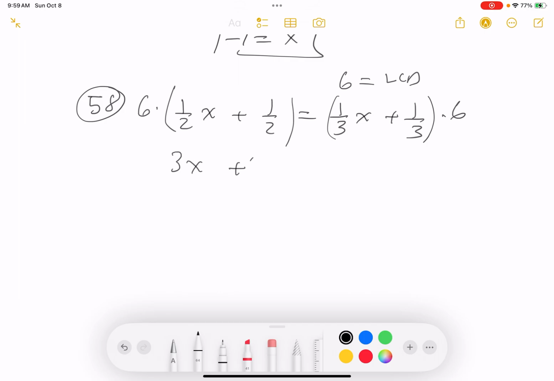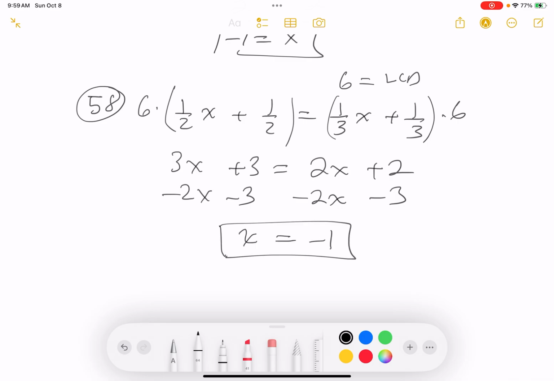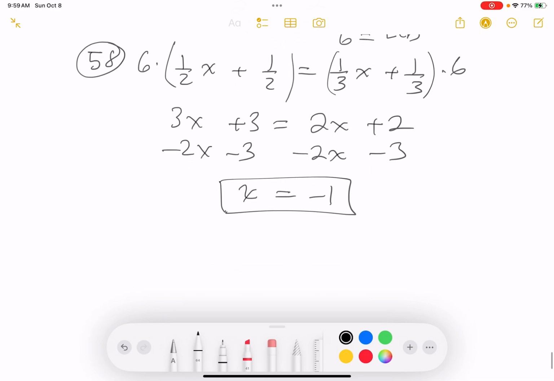You get 3x plus 3 equals 2x plus 2. Subtract 2x from both sides and subtract 3 from both sides. What do you get? x equals minus 1. Let's check it. What are you going to get? Minus 1/2, and the original, by the way, plus 1/2 is identical to minus 1/3 plus 1/3. Yep, and it stands to reason.